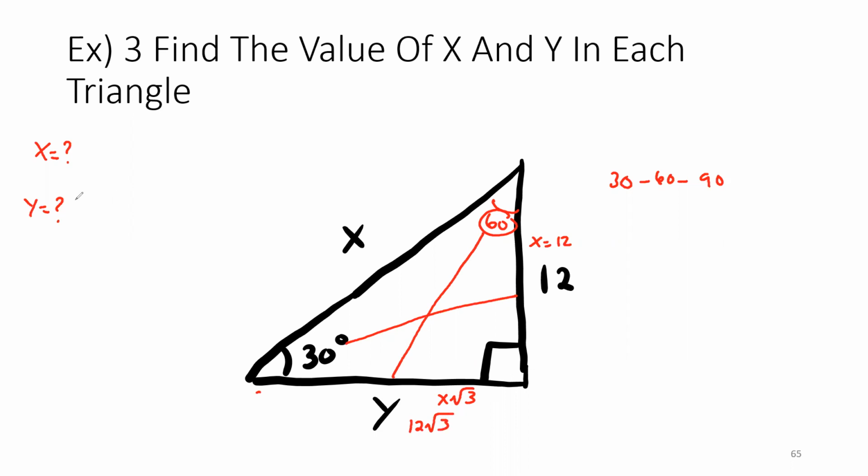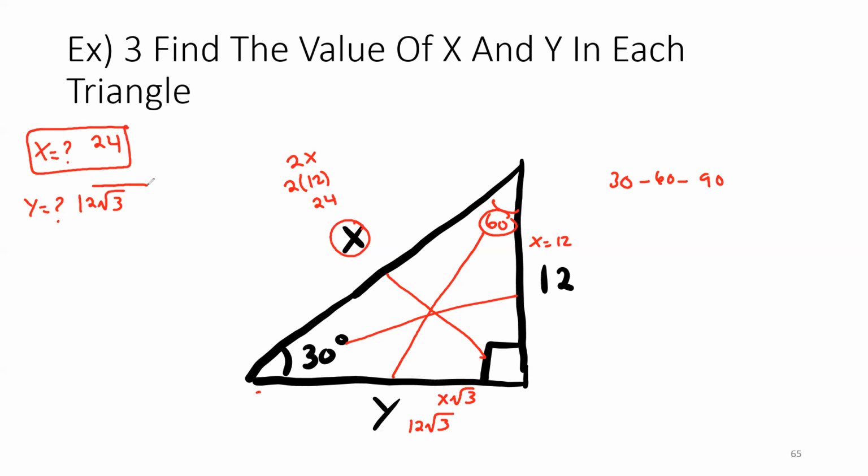Now, how do you find x, which is technically the hypotenuse? According to the 30, 60, 90, to find the hypotenuse, it's 2 times x. So in our case, it's 2 times 12, which is 24. Okay, so x is 24, and y is 12 radical 3.